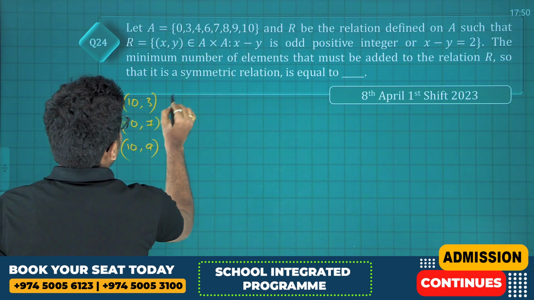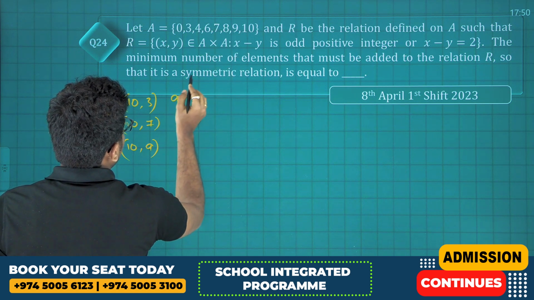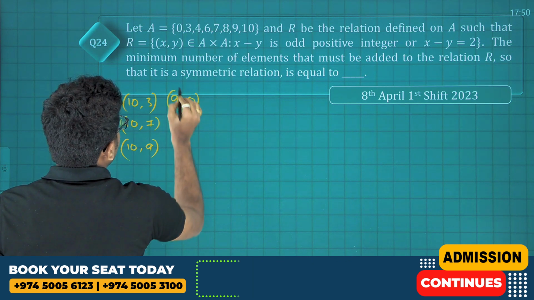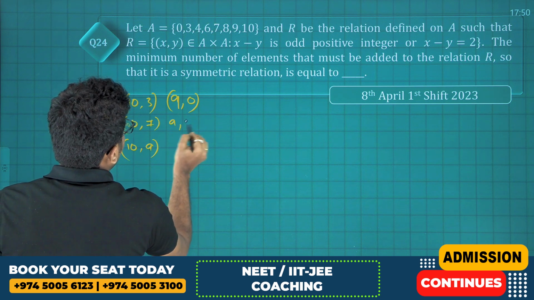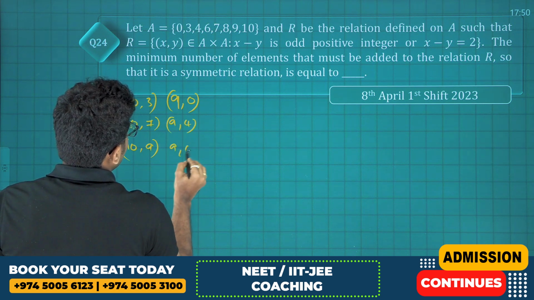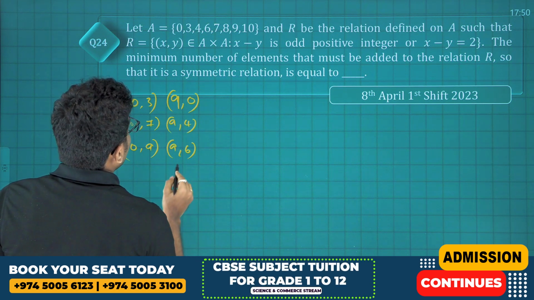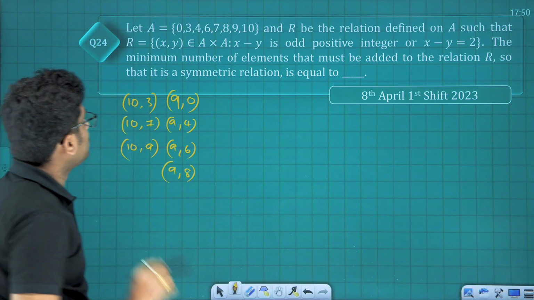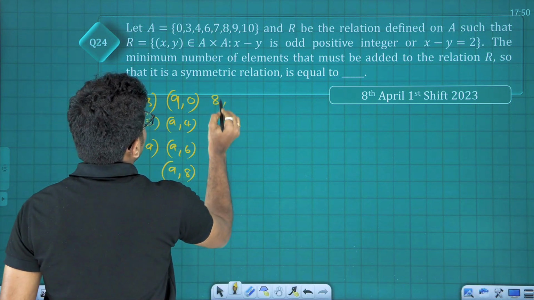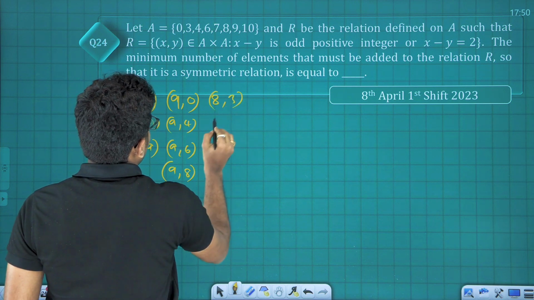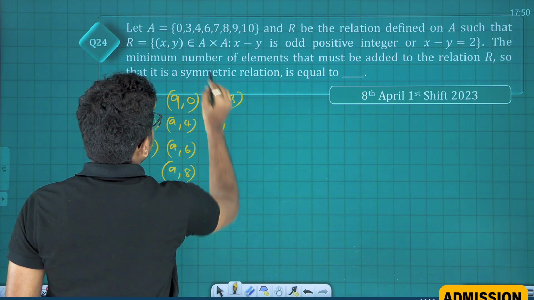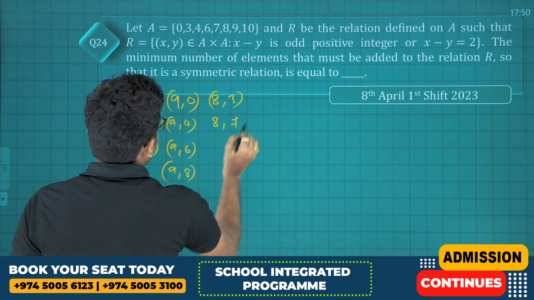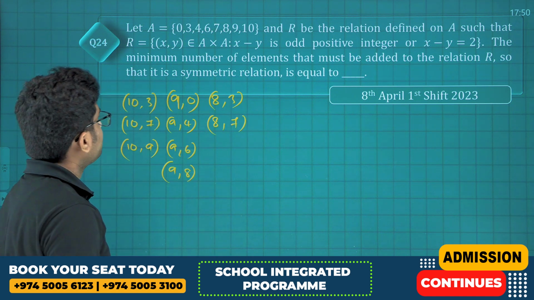Next, with 9: (9, 4), (9, 6), (9, 8), where the difference is an odd positive integer. With 8: (8, 3), (8, 7), that's it.